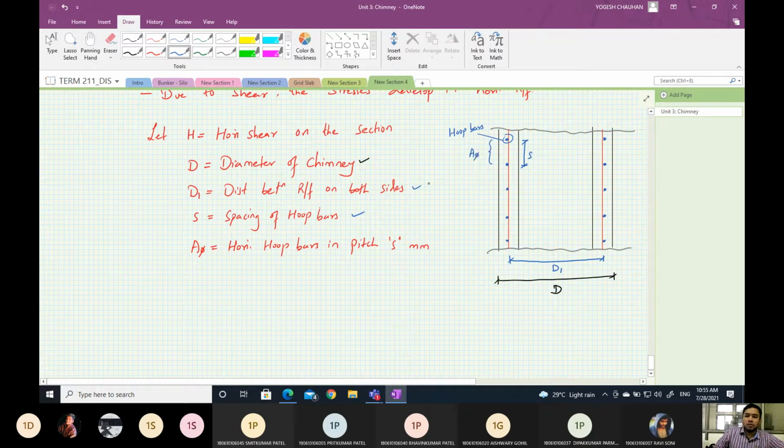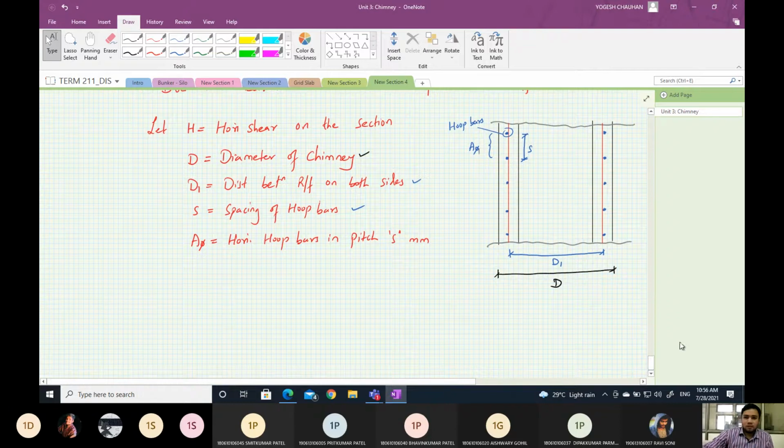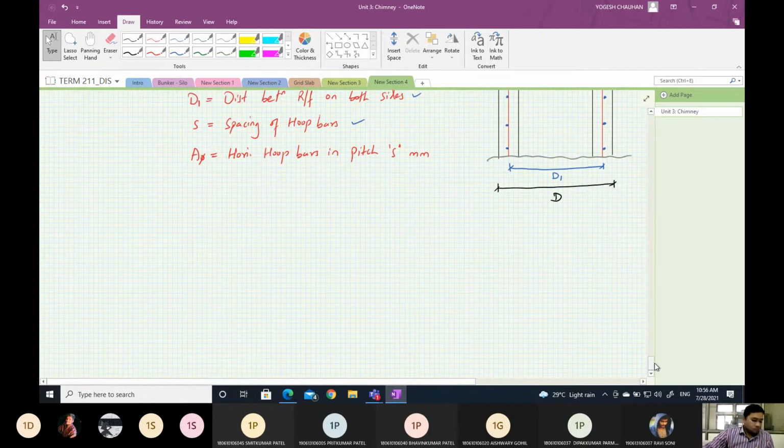The area of the horizontal hoop bar is A5. So we can find the area of steel in 1 meter height.